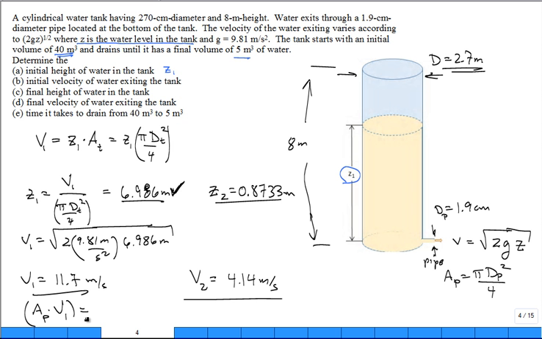And I don't know if I made that calculation initially, but no, I don't think I made the calculation initially. But it would give me a rate at which it's flowing out, volume going out, something like units of meters cubed per second.